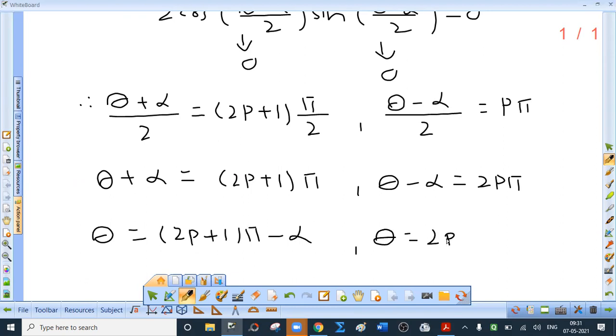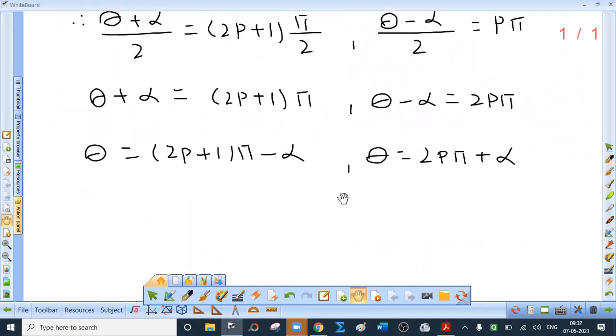Theta is 2p pi plus alpha. Now observe this. 2p plus 1 is definitely an odd integer. So for an odd integer, minus alpha. 2p is always an even integer, for this plus alpha, and therefore I can combine these two.